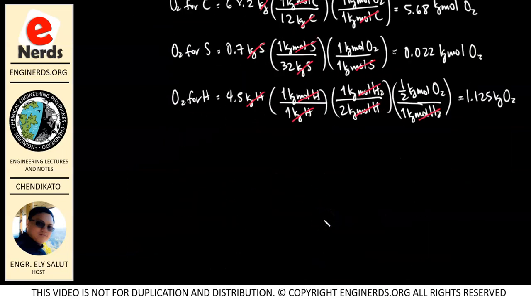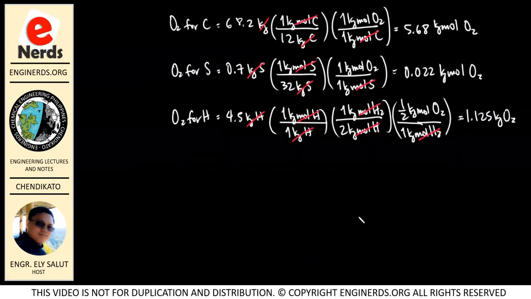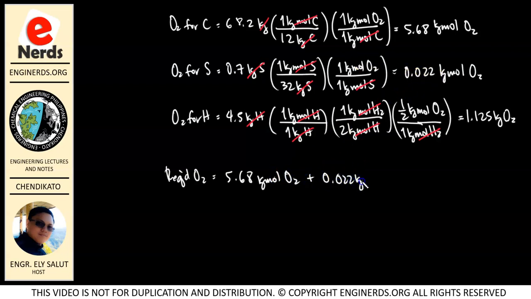Okay? So, that means makukuha na natin yung O2 required, no? So, our O2 required is equal to the amount of oxygen for carbon, which is 5.68 kilogram mole of O2 plus 0.022 kilogram mole of O2, then plus 1.125 kilogram mole of O2. Okay, so this is kilogram mole, no?